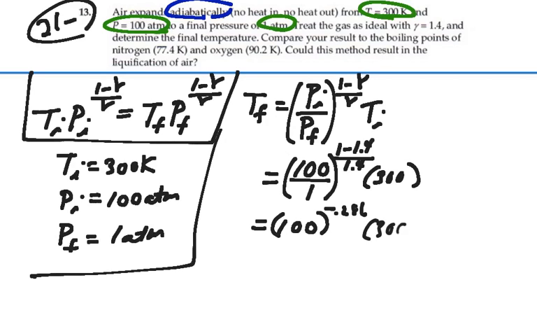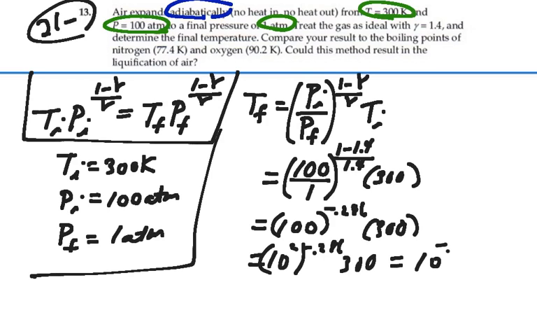times 300. Or we can think of 10 to the 2 times this, negative 0.286 times 300, which would be 10 to the 2 times 0.286, negative 0.571, just a different way to look at it, times 300.